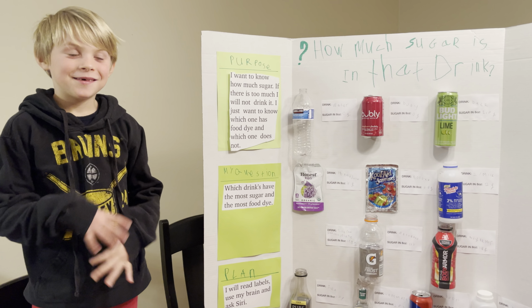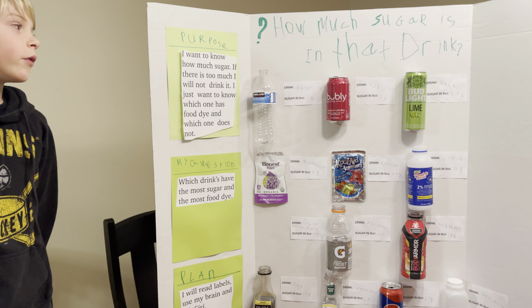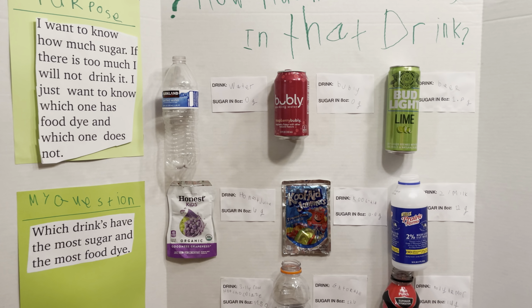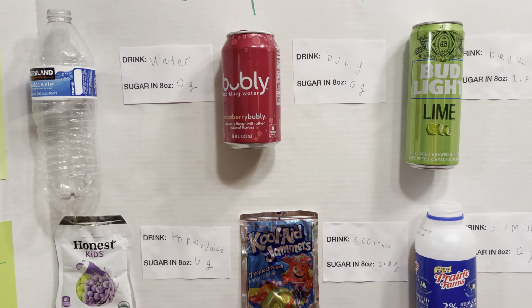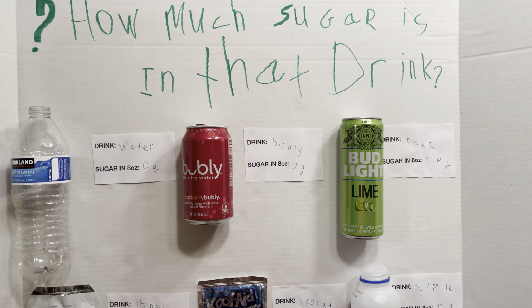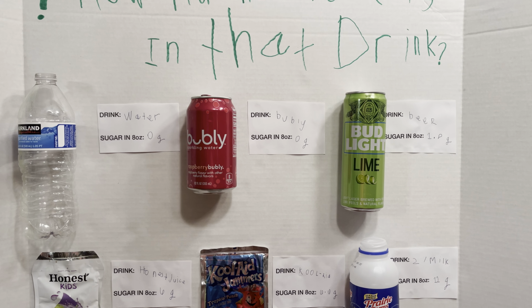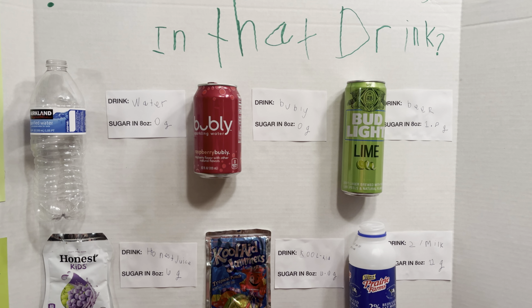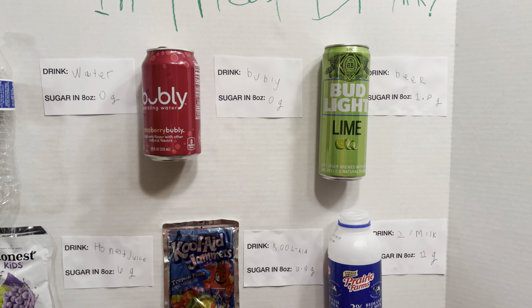Okay, so everybody knows water, right? Tell me about water. How many grams of sugar is in water? Water, 0 grams. Yep. So then the next one is a flavored water, a bubbly one. Sparkling water. How many grams of sugar in that one? 0, the same as water.